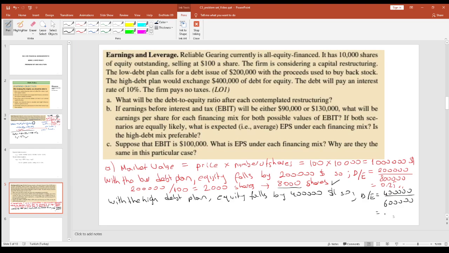So result will be 0.67 debt to equity ratio. How many shares remain outstanding? Well, you will divide $400,000 by 100. This will be equal to 4,000 shares you bought back. And what remained is 6,000 shares outstanding. Okay.